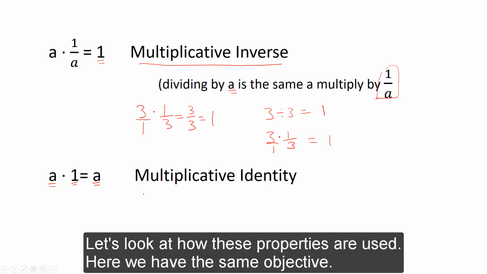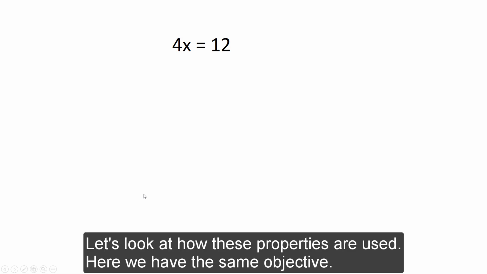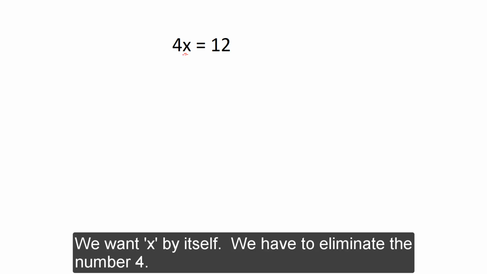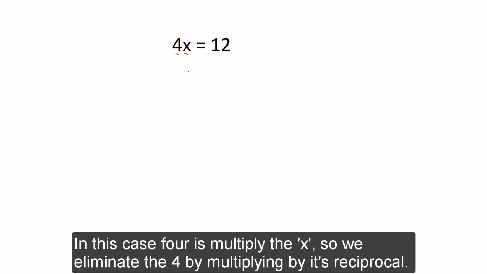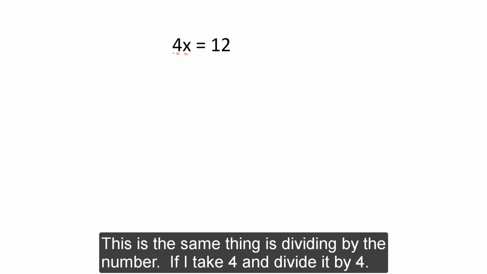So let's look at how this property is used. Here we have the same objective. We want x by itself, so we have to look at the number 4 that needs to be eliminated. Here, 4 is multiplying the x, so we eliminate it by multiplying by its reciprocal, which is the same thing as dividing by that number.